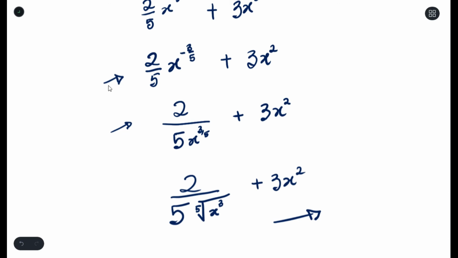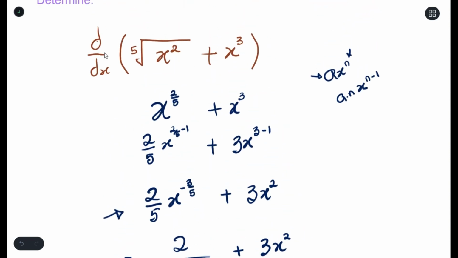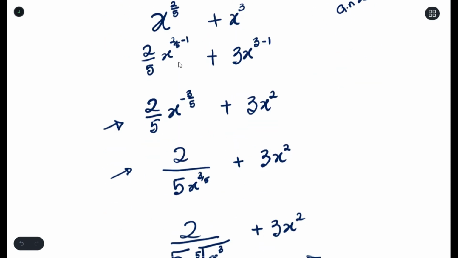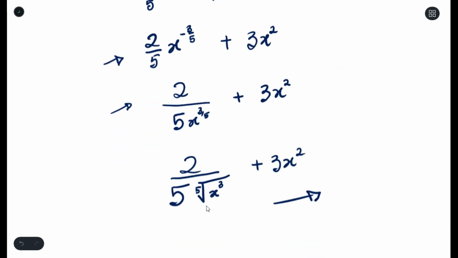Or you could leave it like this, which is somewhat fine, right? But the best outcome is to end it looking like the last line over here. And we write it in this way because the original question, as you can see, has a fifth root. So it would make sense if your final answer should also have a fifth root in it. That is my reasoning behind that. But as I said, leaving it in this form is also very okay. And that's it.